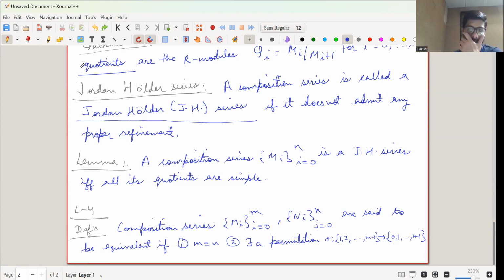Here we are already assuming m equal to n, so the map is a permutation.